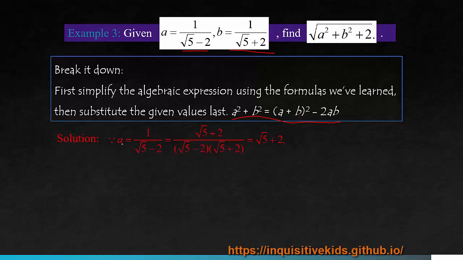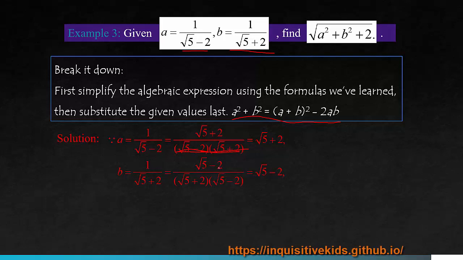First, we know that a equals 1 over the arithmetic square root of 5 minus 2. Now what we're going to do is multiply the arithmetic square root of 5 plus 2 onto this fraction. And we're doing that because we know that the denominator will get canceled into a 1. So we're just left with the arithmetic square root of 5 plus 2. We do the same thing for b, except this time it's the arithmetic square root of 5 minus 2.